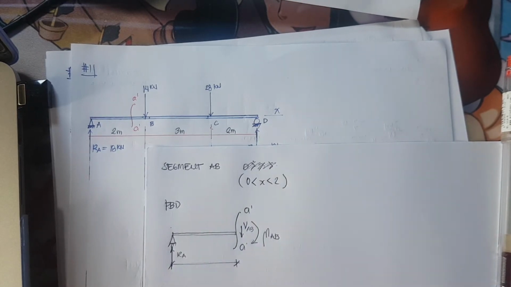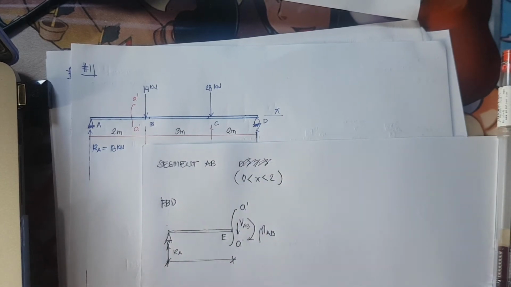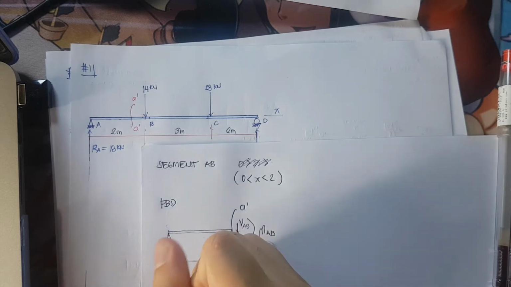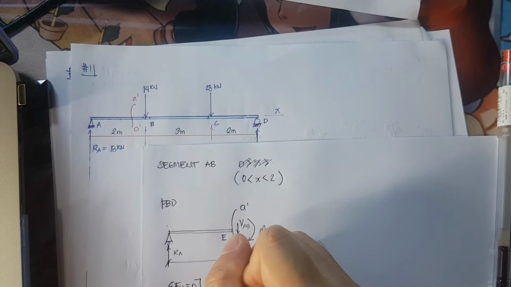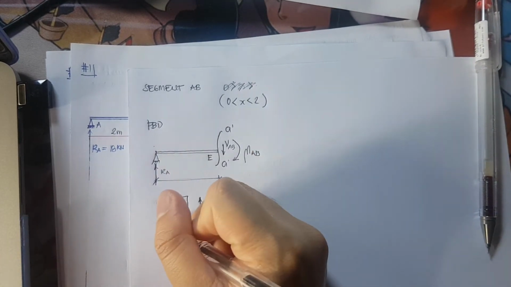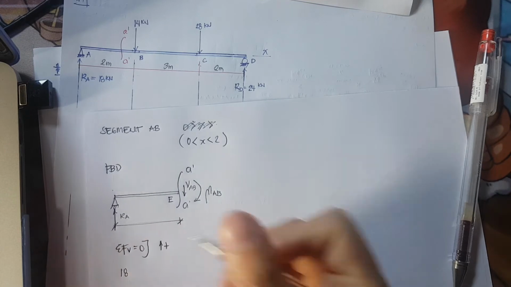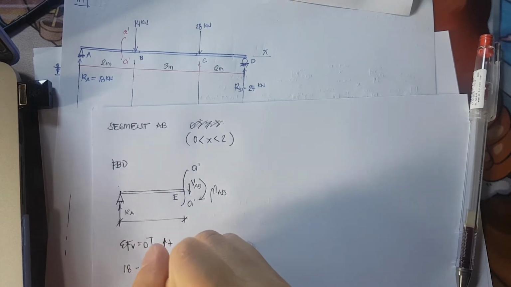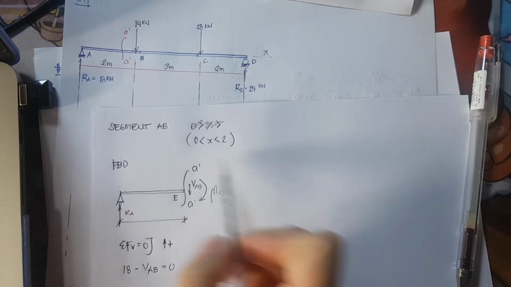I will designate this as point E. The next thing we need to do is the summation of forces. Summation of forces vertical is equivalent to 0. All forces pointing upward should be positive. So I have here RA, which is 18 kilonewtons. So positive 18 minus shear AB is equivalent to 0.